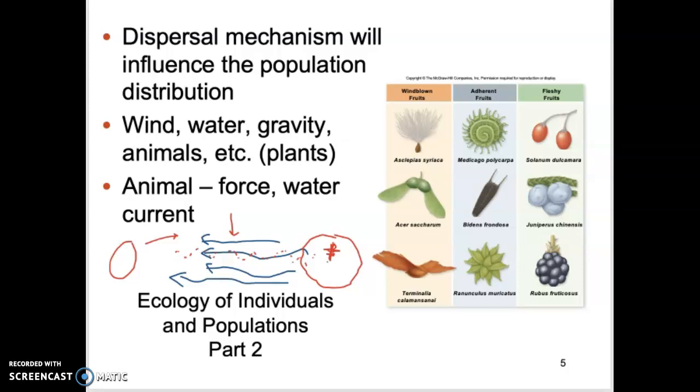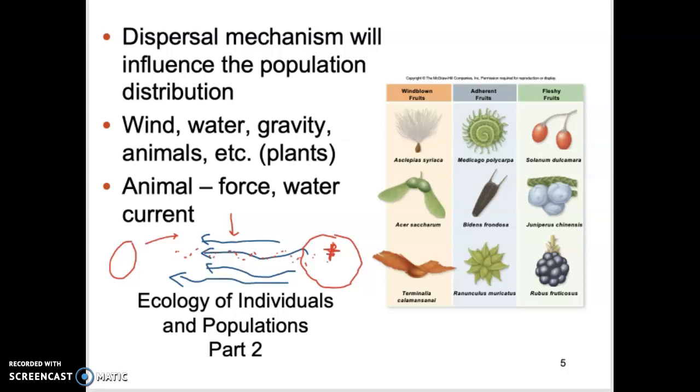Think about our current situation with any viral health issue or even bacterial health issue where you have parasites attached to hosts. The dispersal of the host influences the parasite population. Okay, so again, hopefully the big picture things are starting to come together and you're like, yeah, he did say something about that before, and oh, I do remember a little bit about that, and so on and so on.